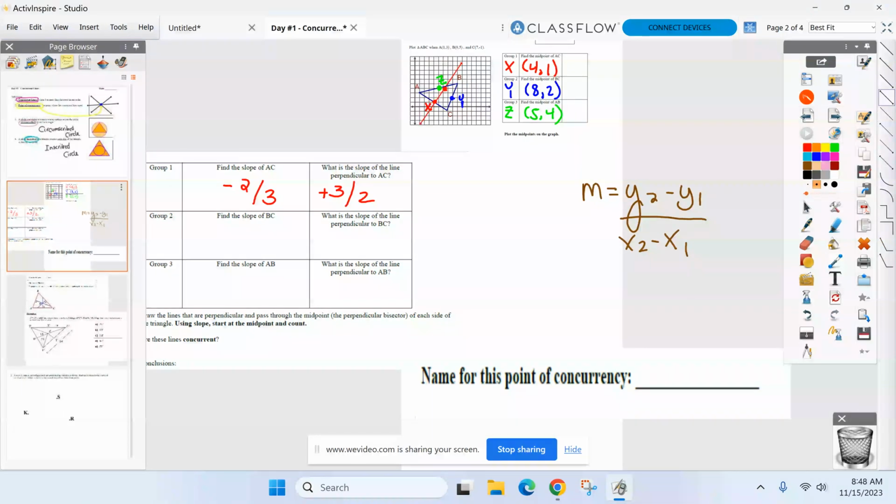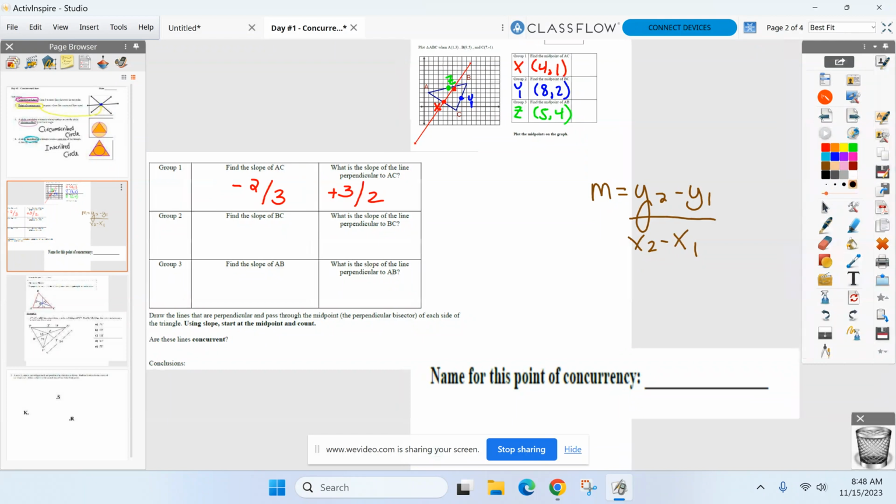Got to be a straight edge for this to work. That line is the perpendicular bisector for side AC.